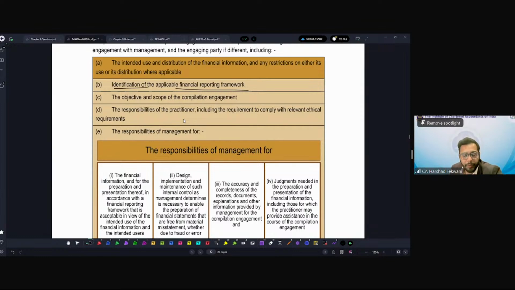Number two, you have to specify the objective and the scope of the compilation engagement. As I said, you are compiling the financial information. Now, which portion of financial information, that is important.